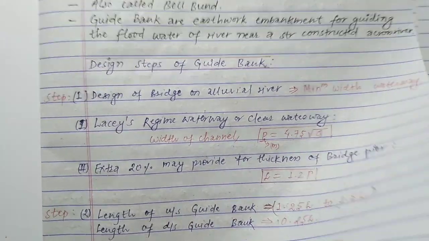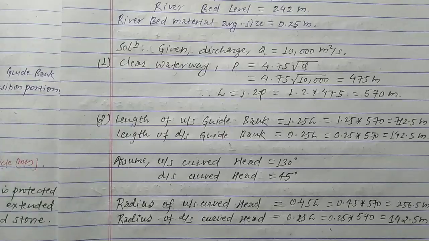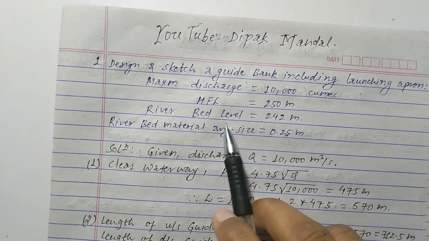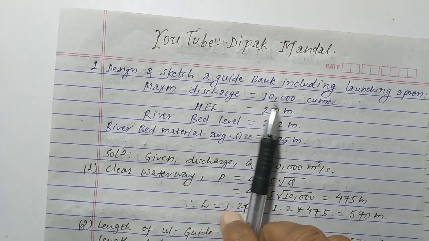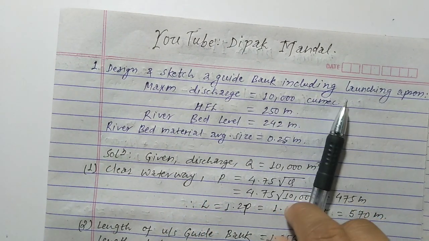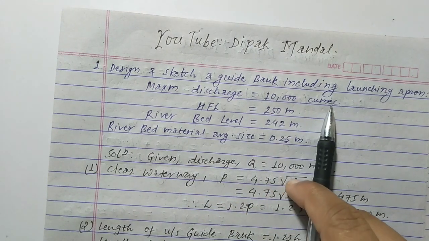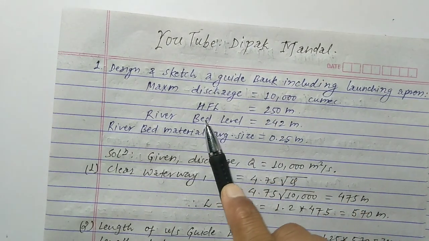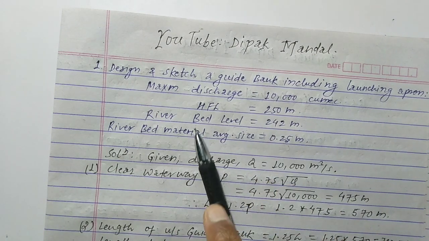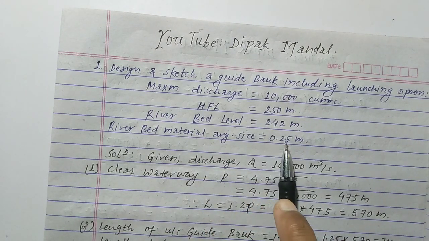Now let's see the numerical related to this. Design and sketch a guide bank including launching apron. Maximum discharge is 10,000 cubic meter per second. HFL, that is high flood level, equals 250 meter. Riverbed level is 242 meter.